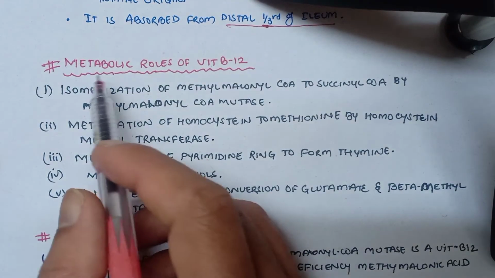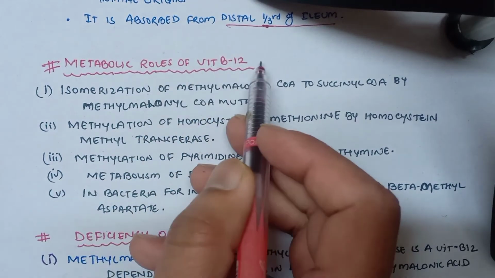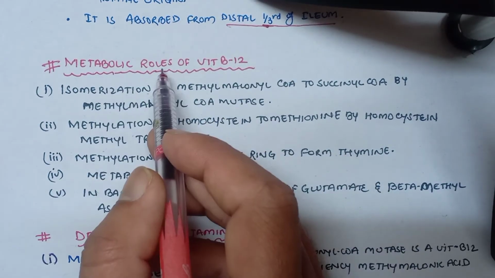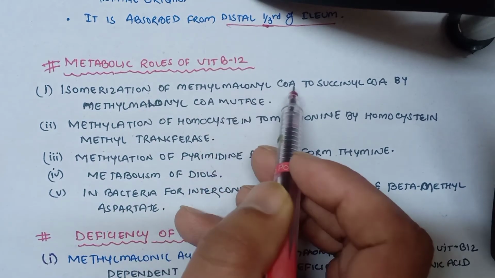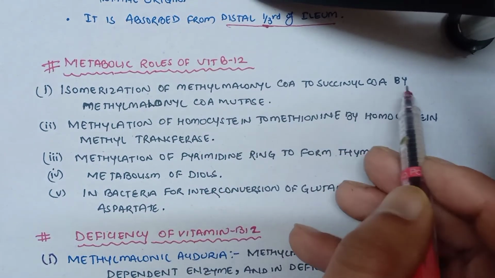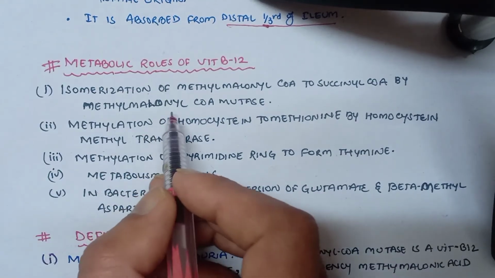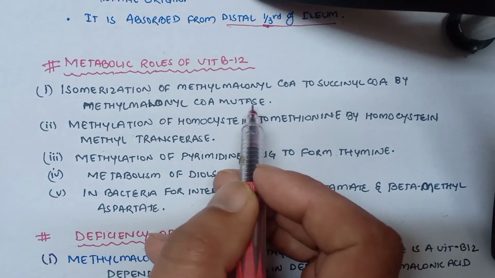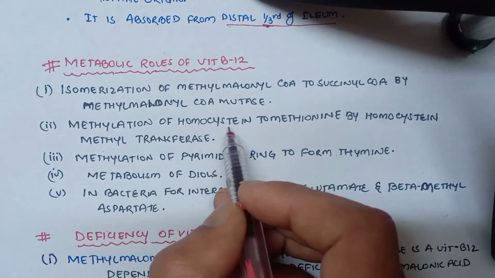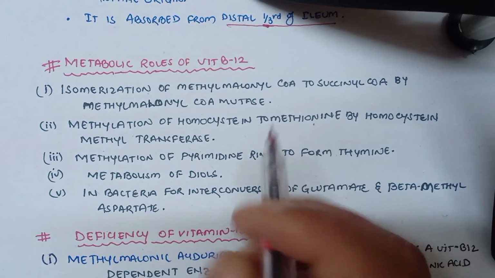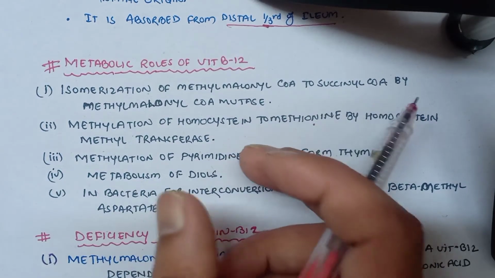Now we will talk about the metabolic roles of vitamin B12. So vitamin B12 causes isomerization of methylmalonyl coenzyme A to succinyl coenzyme A by methylmalonyl coenzyme A mutase. It also plays a role in methylation of homocysteine to methionine by homocysteine methyltransferase.